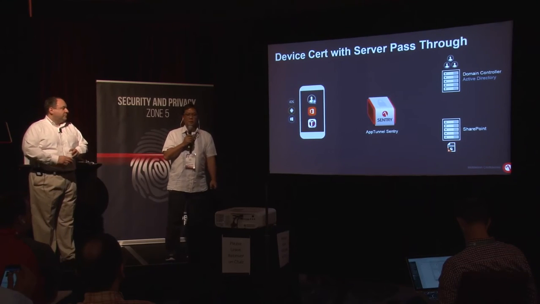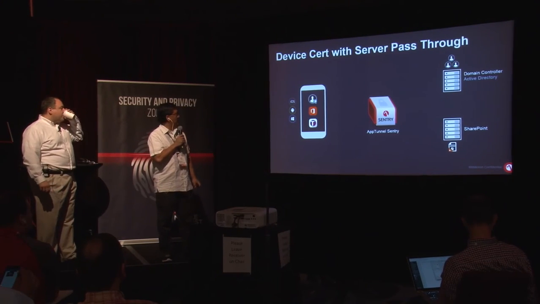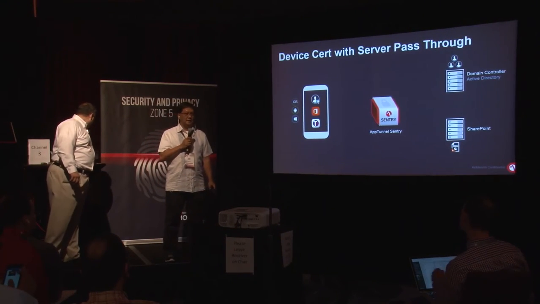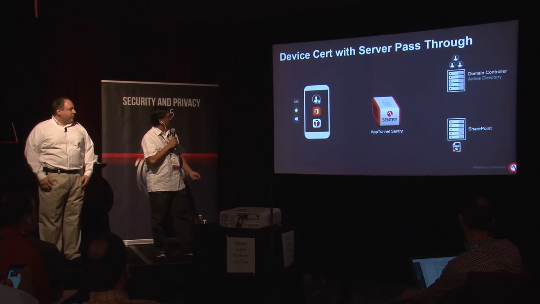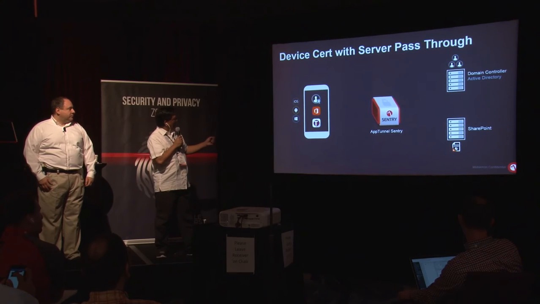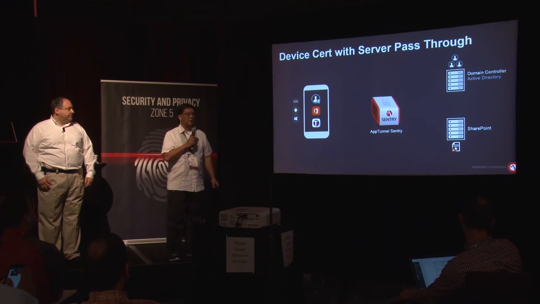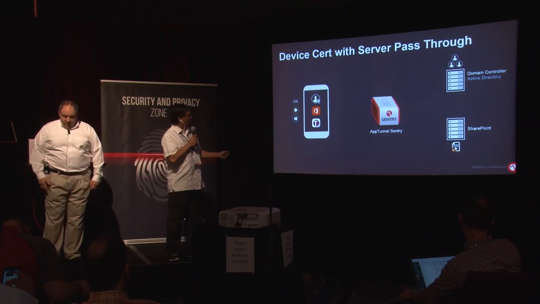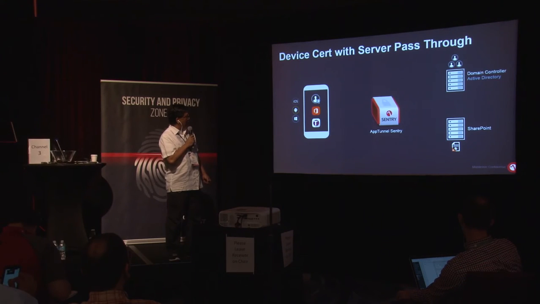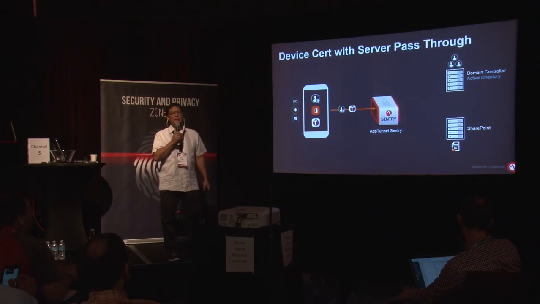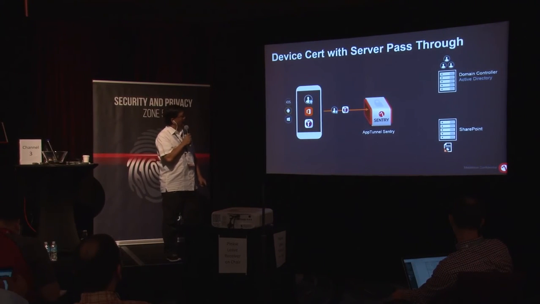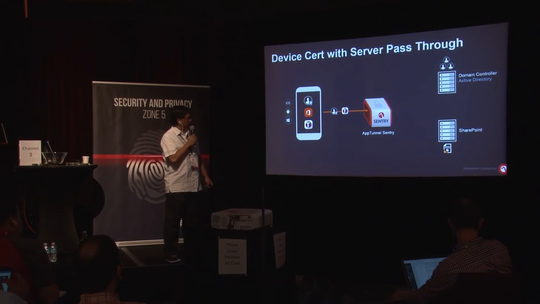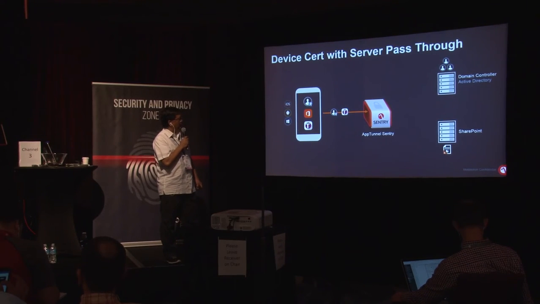Okay, so for MobileIron Tunnel, for all three platforms, device cert is the only authentication method that's supported currently. So you have an iOS, an Android, or a Windows device to the left there, and it's going to establish a secure VPN tunnel to our Sentry. In this particular case, again, we're using certificate as the authentication method.